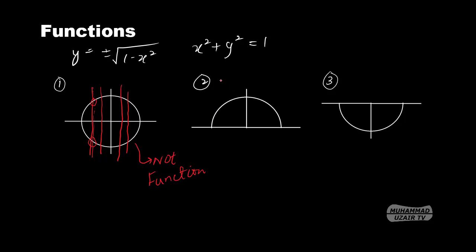Let's suppose we consider this function. The expression for this graph will be y is equal to plus under root 1 minus x square. Let me draw vertical lines.